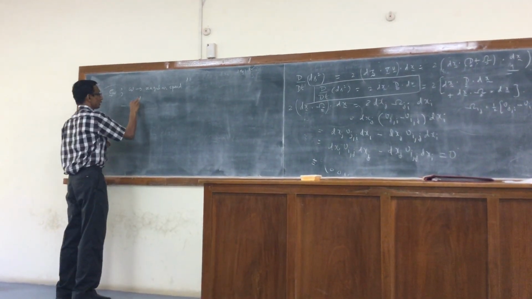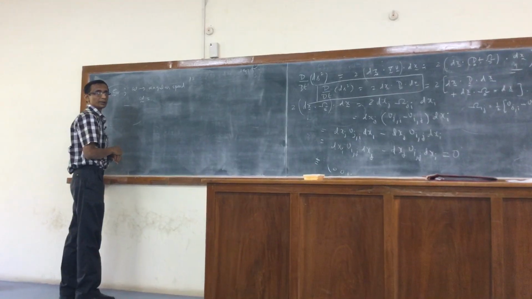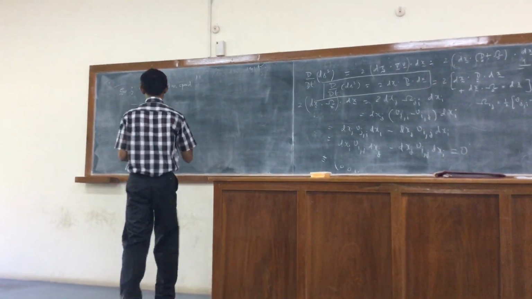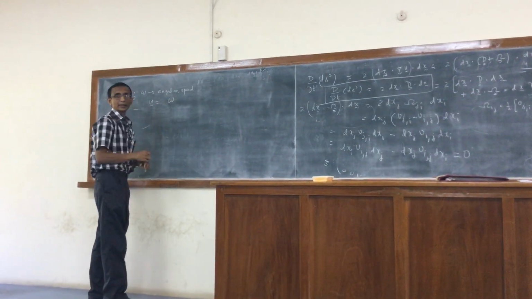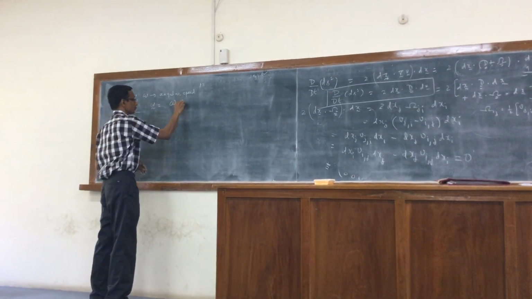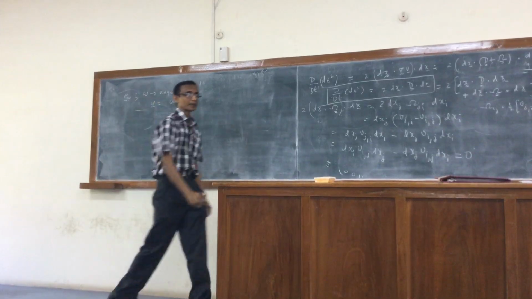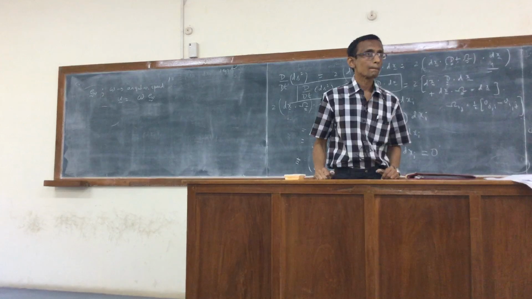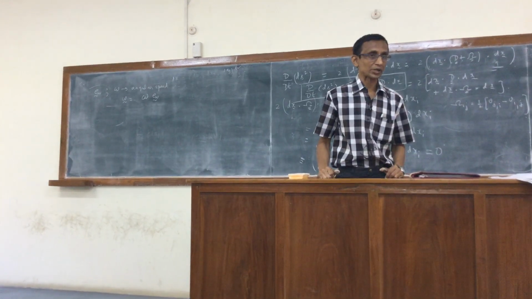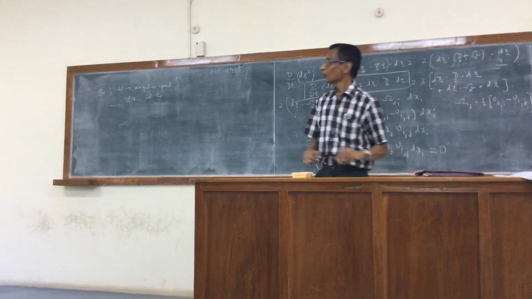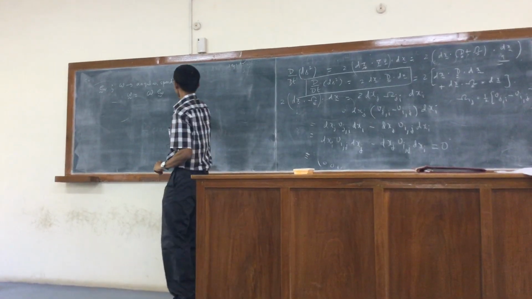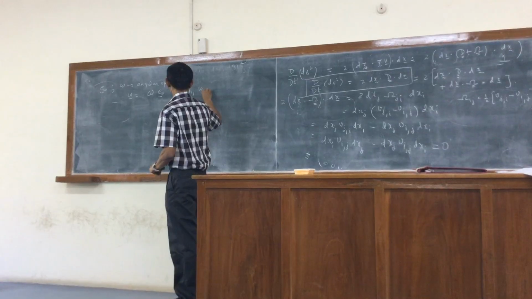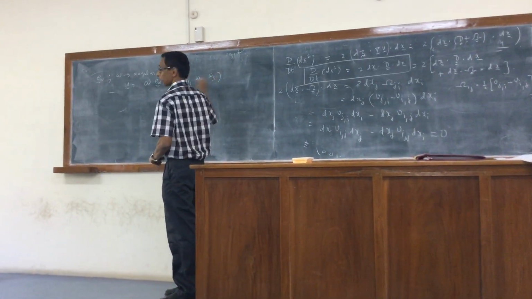Now we may define the angular velocity vector as the angular speed times the unit vector corresponding to the axis of rotation, right? So now, how many elements does this vector have? There are 3 elements: omega 1, omega 2, omega 3.